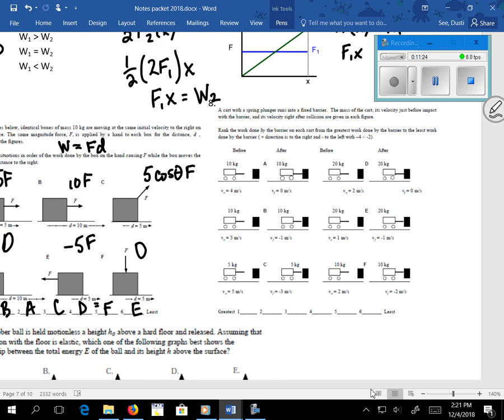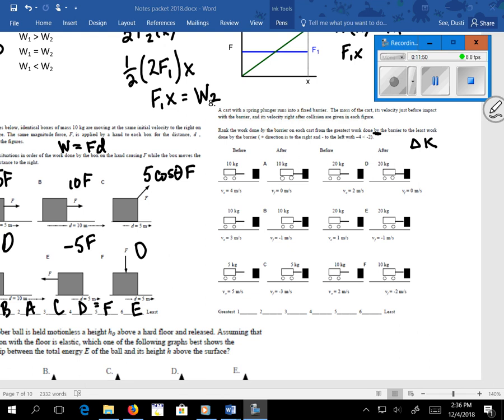All right. So the work done by the barrier is going to be the same as the change in the kinetic energy.